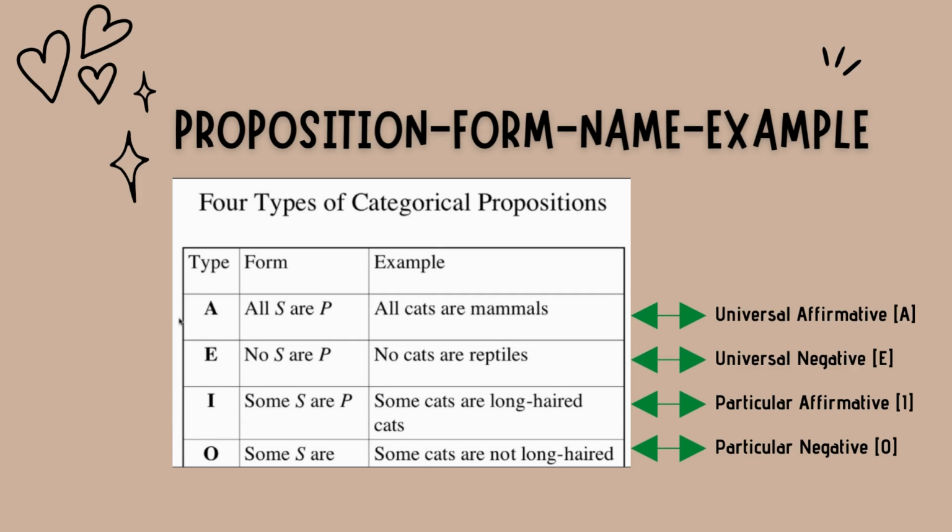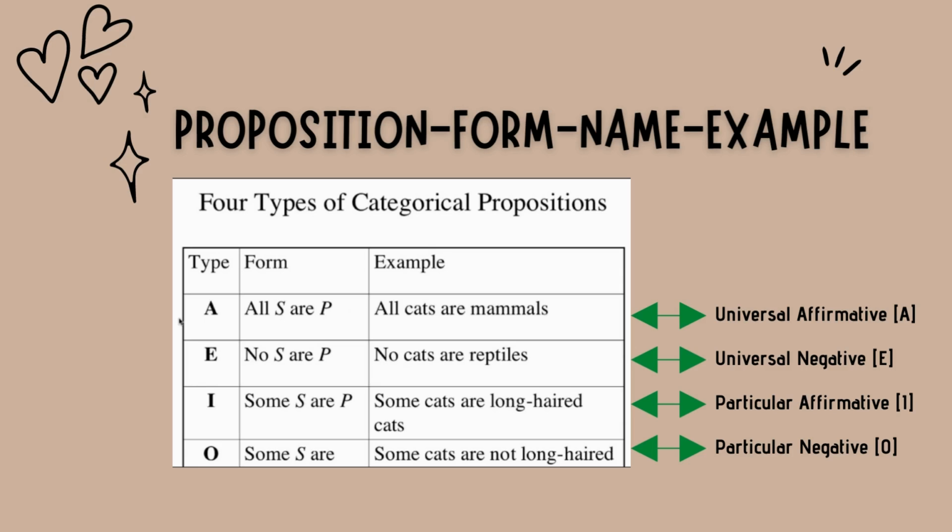So, the first one is universal affirmative A. Its form is: All S are P. The second one is universal negative E. Its form is: No S are P. The third one is particular affirmative I. Its form is: Some S are P. The fourth one is particular negative O. Its form is: Some S are not P.